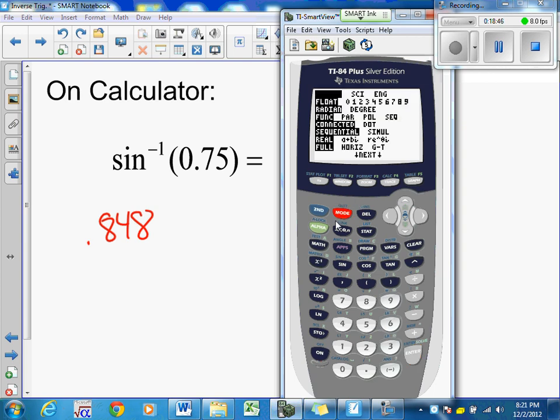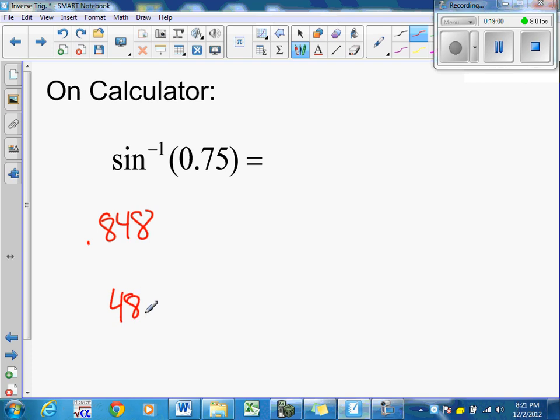And my mode is in radians. Now, if I would change this to degrees, I'll get 48.59. So you either need 48.59 degrees or 0.848 radians.